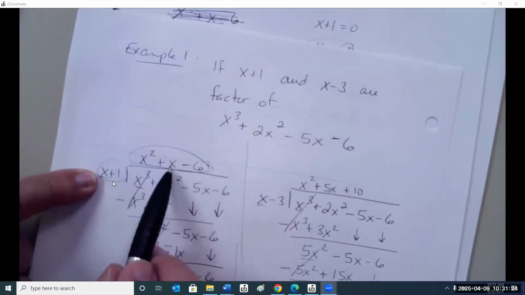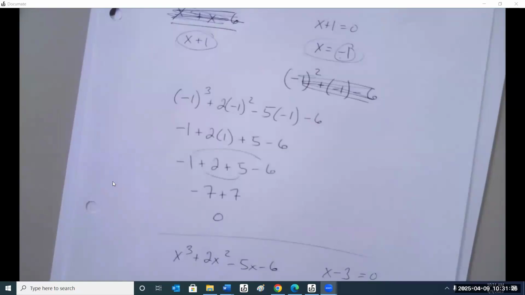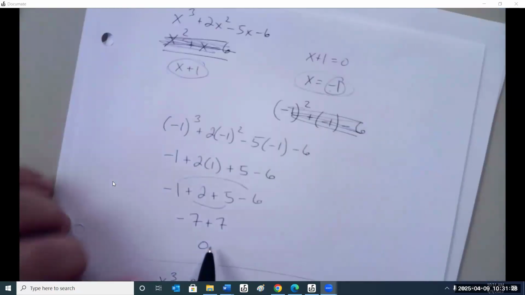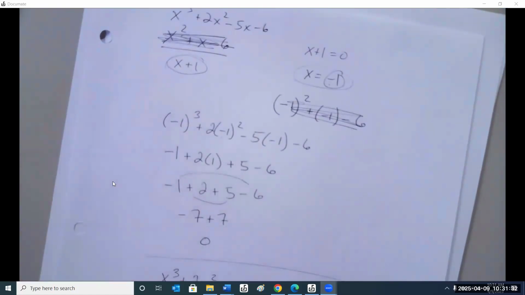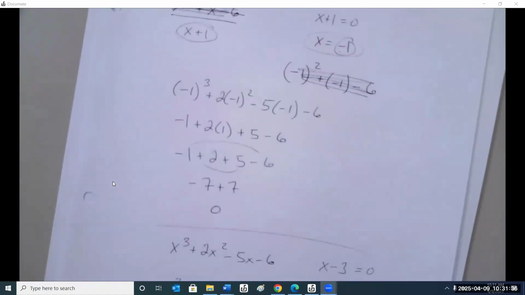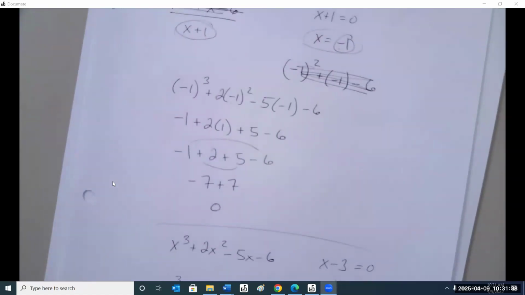I have to work with this now. But this method here just tells me if it is a factor, then I do the long division and it'll give me an answer. So that's what it's saying, if your remainder is 0.